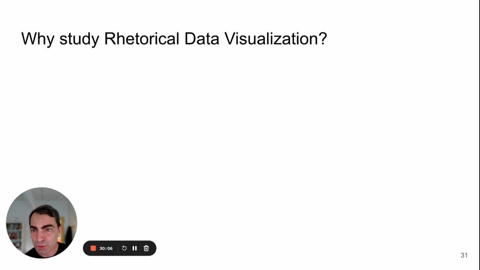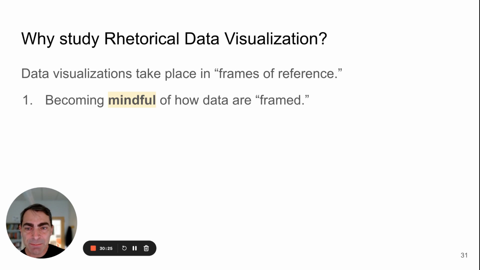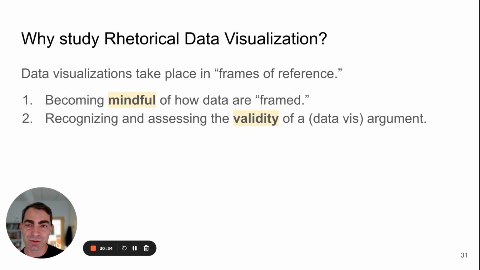So now I want to conclude with trying to convince you that studying rhetorical data visualization is really important and exciting. So why study rhetorical data visualization? Well, we established that data visualizations take place in frames of reference. So I believe that it's really important to become mindful of how data are framed, which is partially what I have already introduced in this lecture.